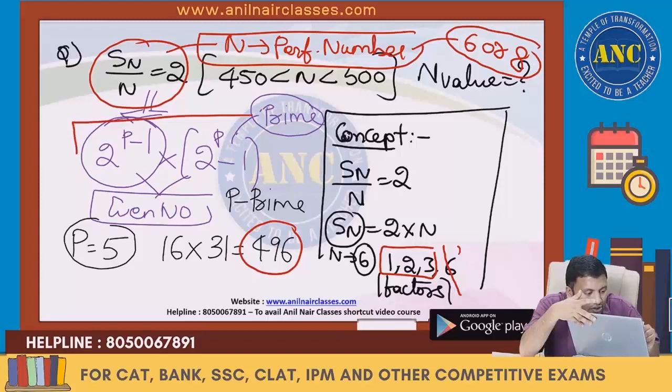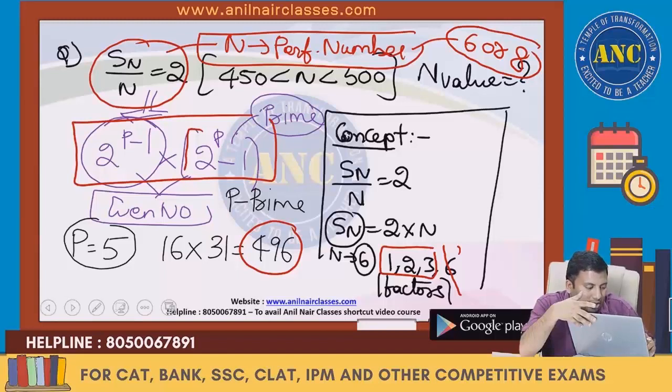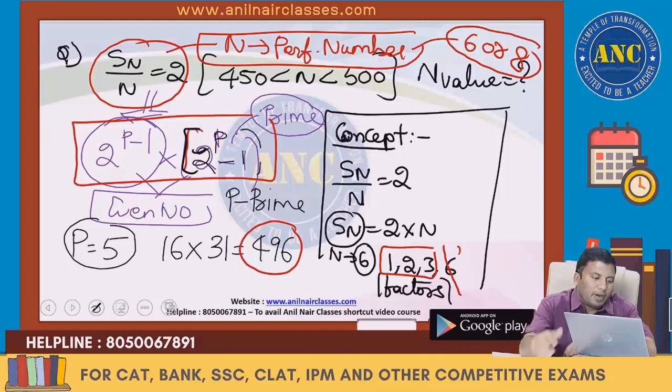Any perfect number will be of the form 2 power p minus 1 into 2 power p minus 1, where 2 power p minus 1 should be a prime number.